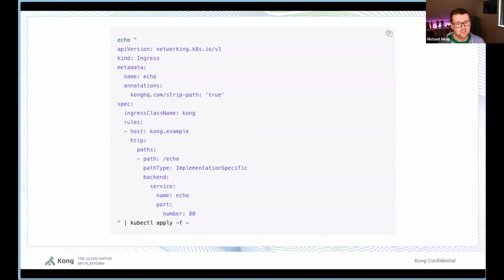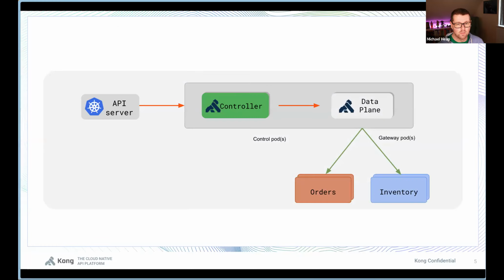The manifest looks something like this. You can see that we've created an ingress. We're matching requests that come into kong.example, and we're matching requests that go to /echo, and that forwards it into a service in your Kubernetes cluster called echo. All of this is handled by that controller box.